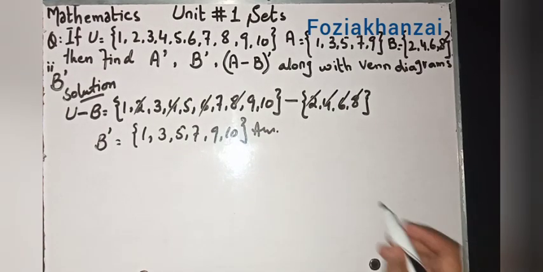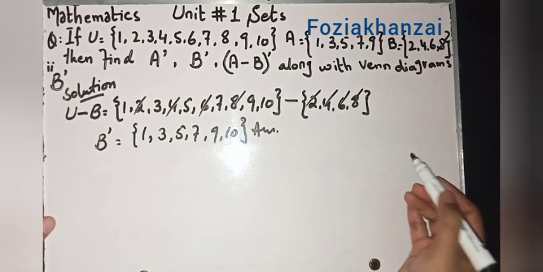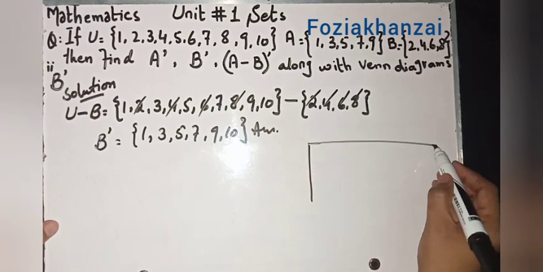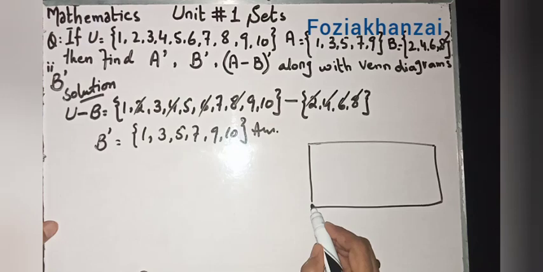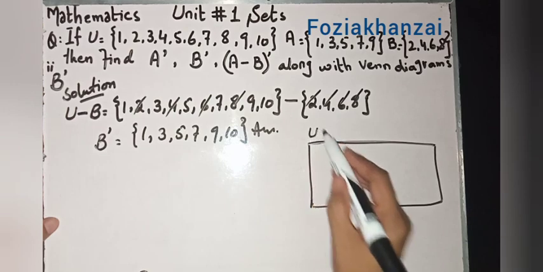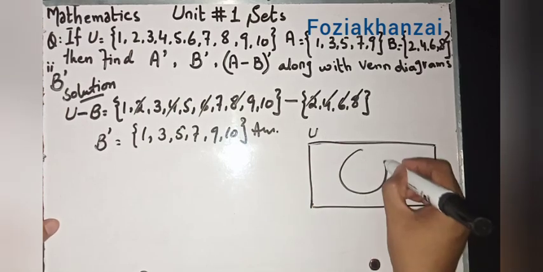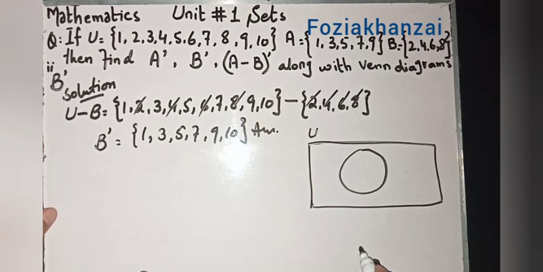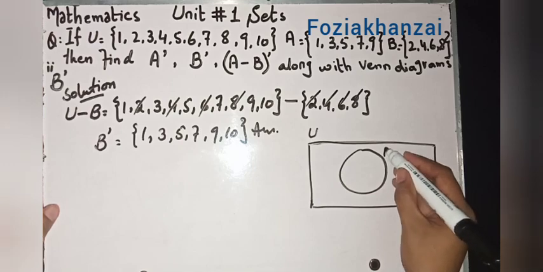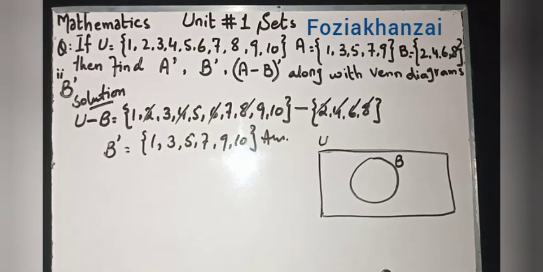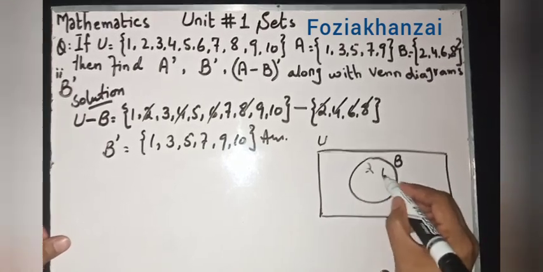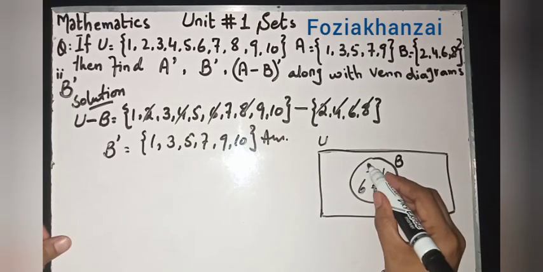Now represent it by Venn diagram. So first we draw a rectangle box. Rectangle box shows universal set denoted by U. Inside the rectangle box draw set B. Okay, inside the circle we write common elements 2, 4, 6, 8.